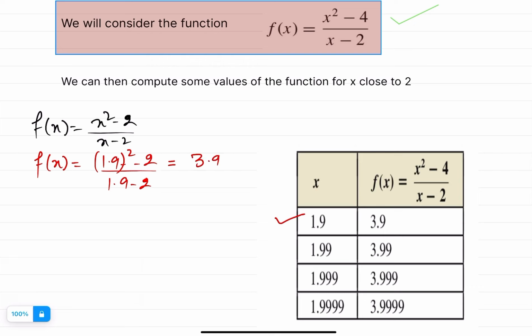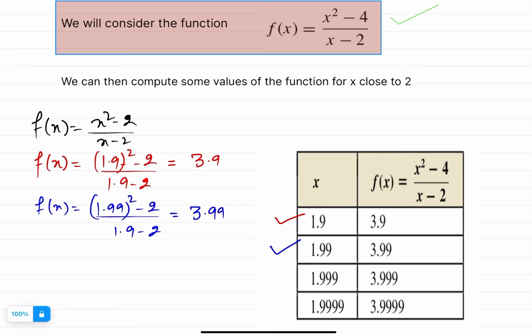We can check for x equal to 1.99. The output that we get is 3.99.